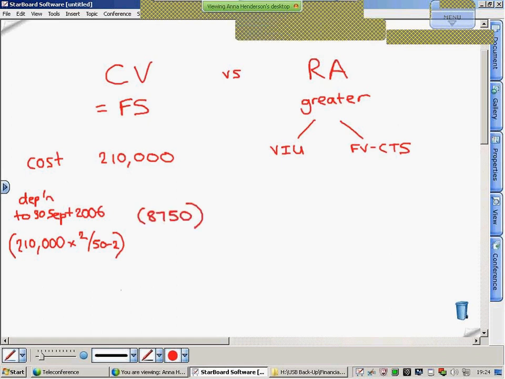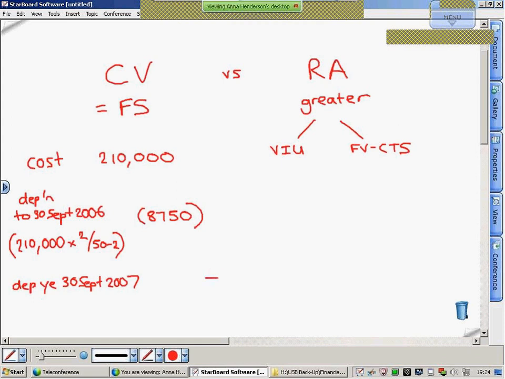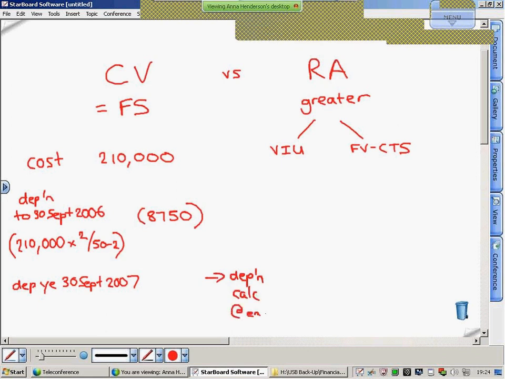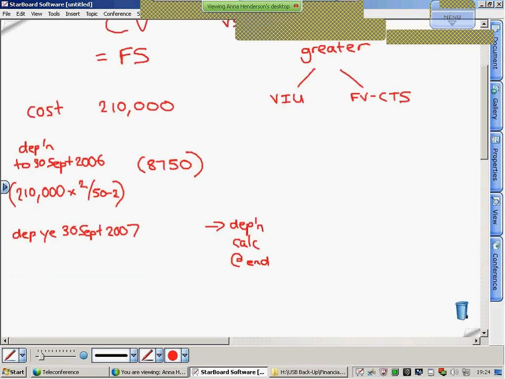If we work out depreciation for the year ended September 2007, we can put this figure into our depreciation. So we're doing some of the work as we go on here.